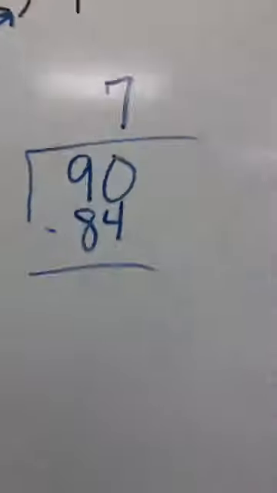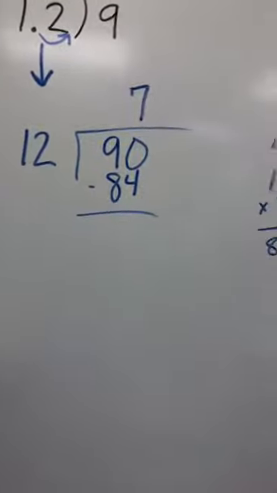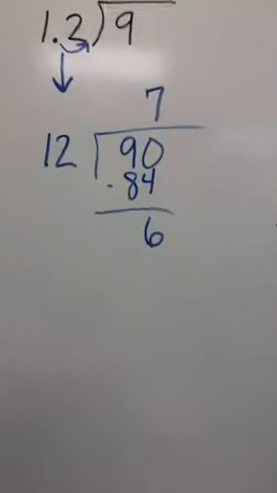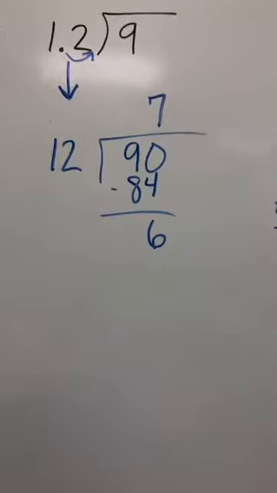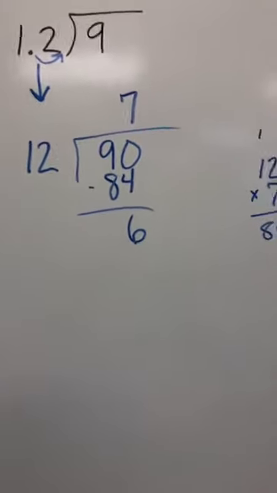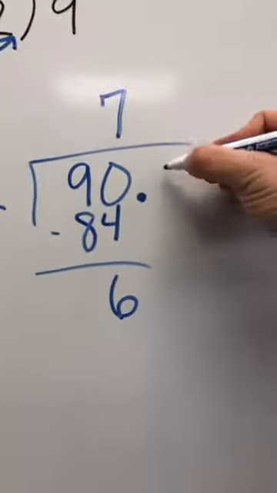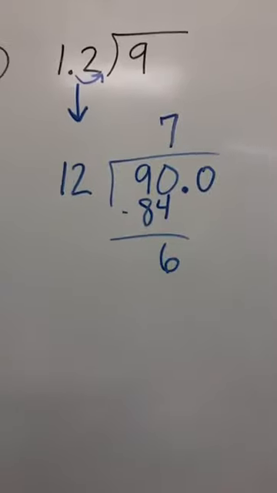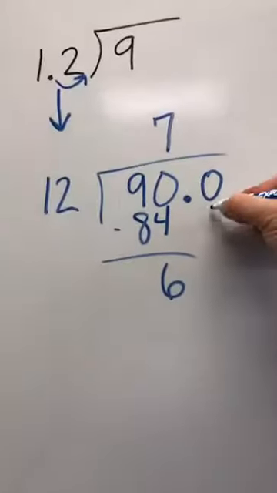We go ahead and subtract. 90 minus 84 is 6. Now again, we're left with that problem. There's nothing left to bring down, but we do have a 6. Same thing, we're going to change that 90 to 90.0, because it doesn't change the value, but it gives us that 0 in order to continue the process.